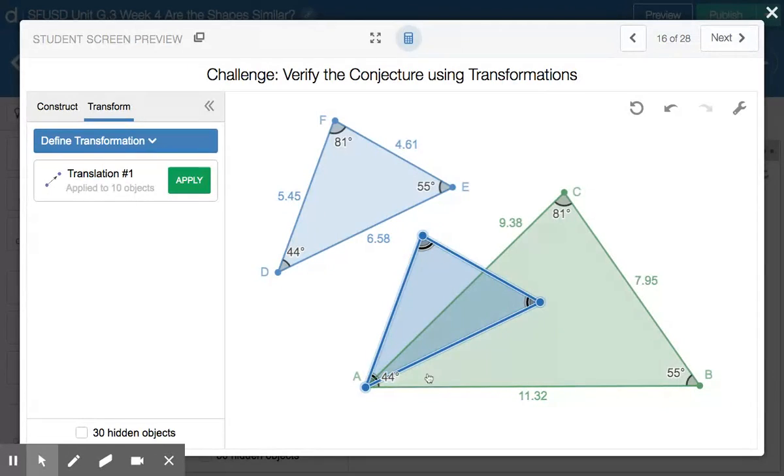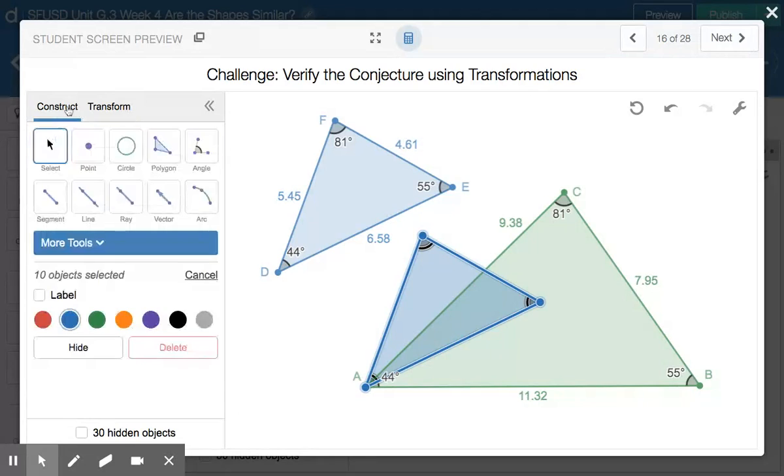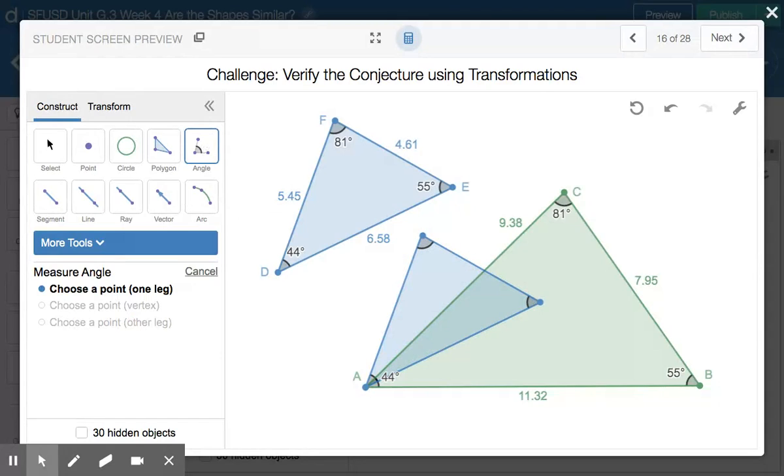I don't know what that is, but luckily I can use a Desmos tool to figure that out. So I'm going to click on the angle tool, and it says choose a point, one leg, and I could choose a point right on the side of the triangle, but I'm actually going to choose this vertex so I don't make an extra point because it gets kind of messy.